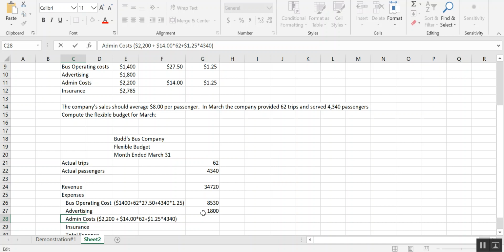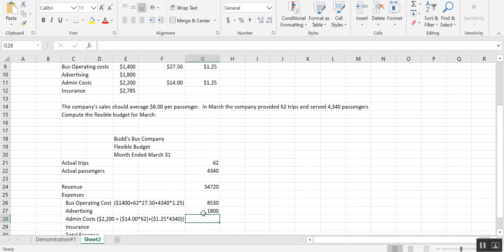And actually, in this case, we would need to bracket off these because we want the order of operations to work here. We want to do the multiplication before we do anything else. But that's how this formula would work.